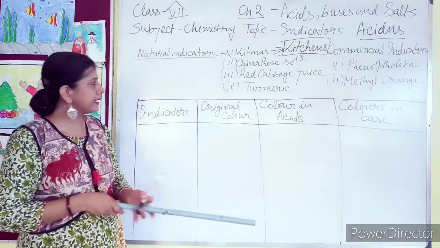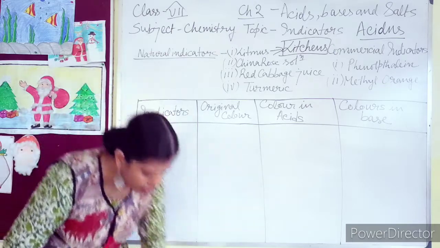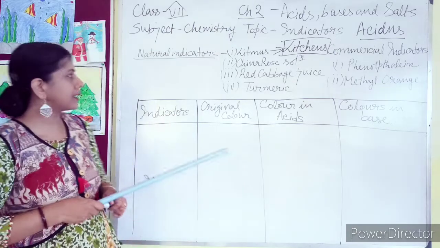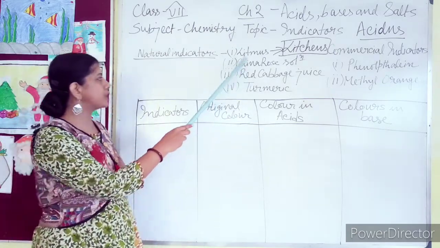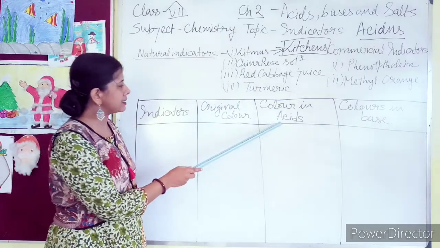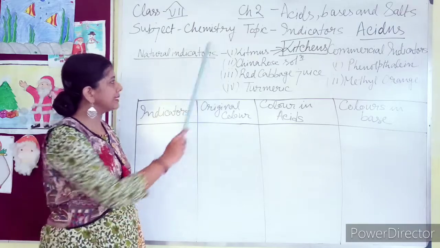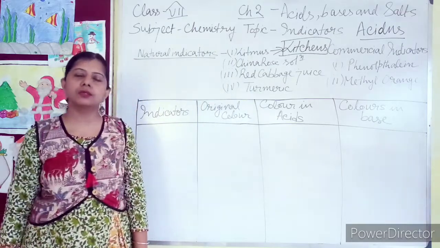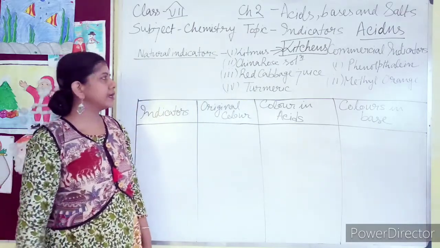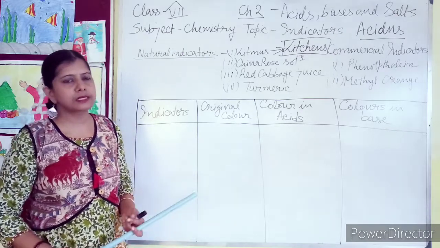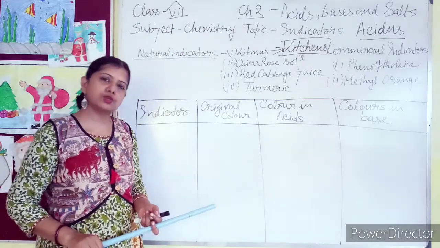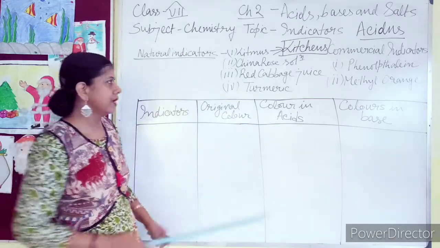Now these indicators have certain original color. When I put these indicators in acids or bases, their colors are going to change. From that we can conclude which substance is acidic or basic in nature.